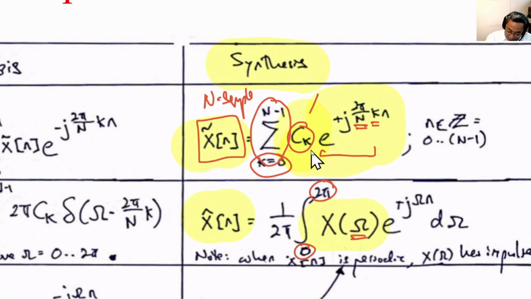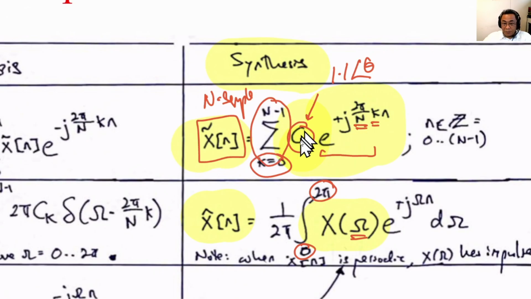The Fourier coefficients tell us the magnitude and the phase that we need to introduce to the complex exponential to reconstruct x of n. To interpret, the magnitude will tell us how large the complex exponential at this particular k is, as well as how much we should phase shift it by to reconstruct perfectly.